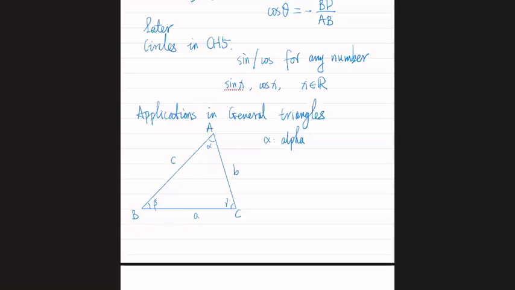You could use ABC for the angles, but we want to use the lowercase abc for the sides. Because I reserved these letters for the sides, I introduced the Greek letters alpha, beta and gamma.